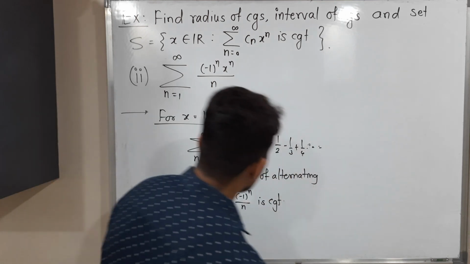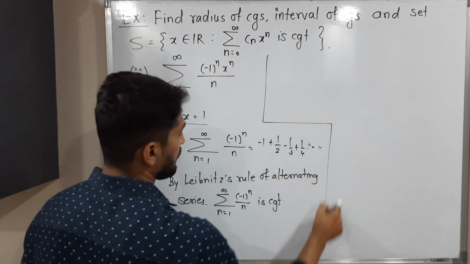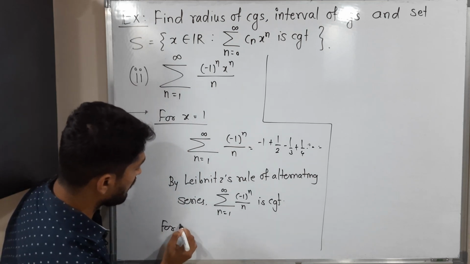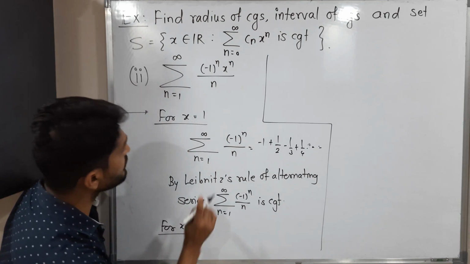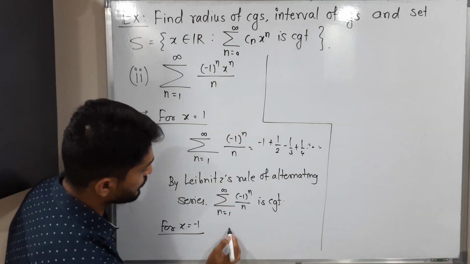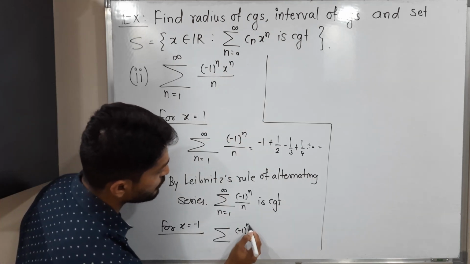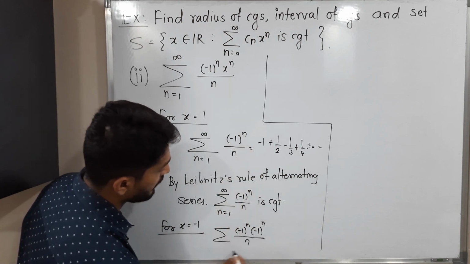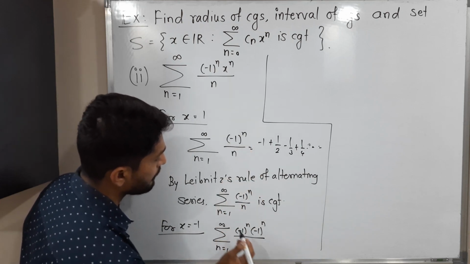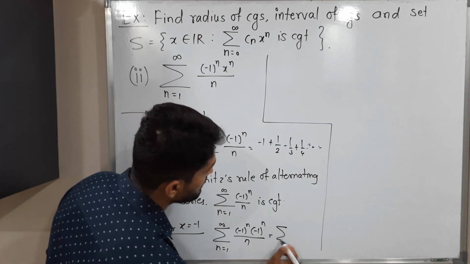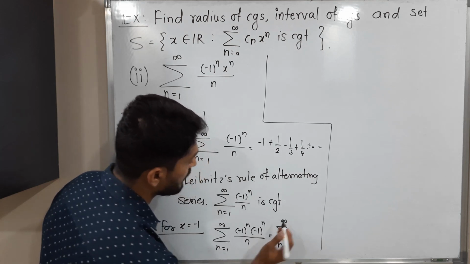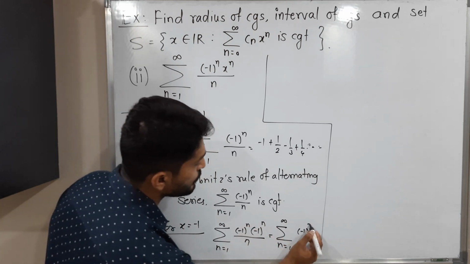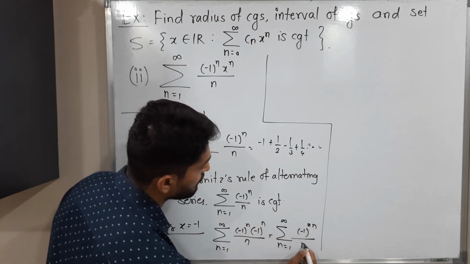Okay. So let me do the remaining part here. Just I will start the next part here. So for x is equal to minus 1, let us see what will happen if I put x is equal to minus 1. Summation of (-1)^n, and x is also minus 1, so (-1)^n upon n, running from 1 to infinity. So this is equal to the summation with n running from 1 to infinity of (-1) raised to 2n, since the base is the same, divided by n.